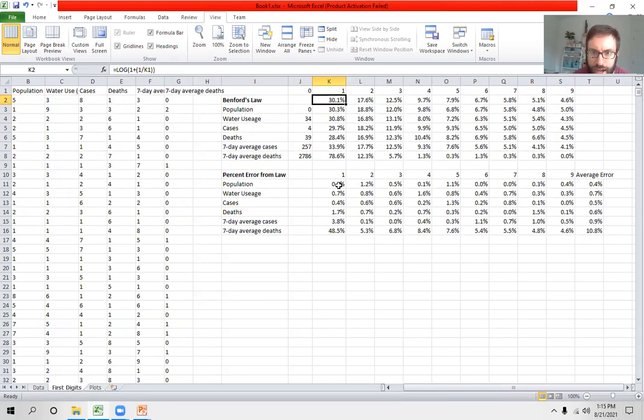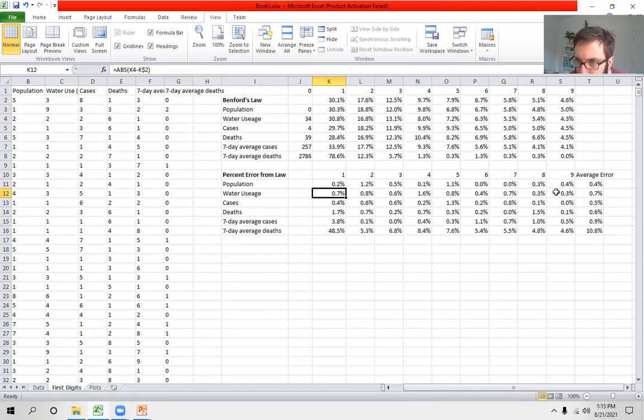So what I did is then I calculated for each of these, how far away is the calculated value, the found value, from what Benford's Law predicts. And so for this first digit for population, number 1, it's 0.2% off, right? For water usage, it's a little bit worse. It's 30.8 versus 30.1, so it's 7% off.